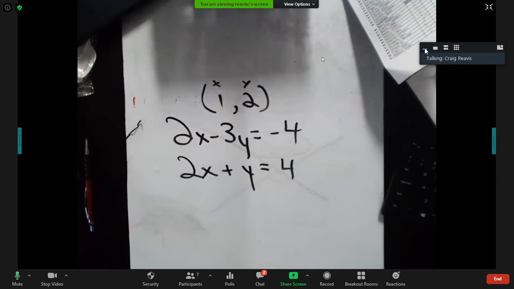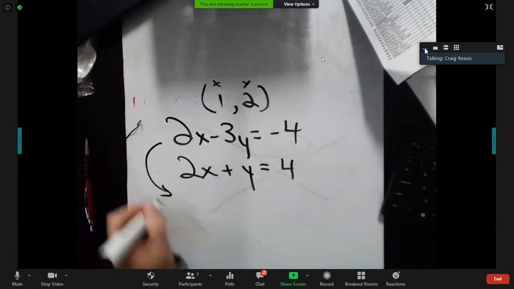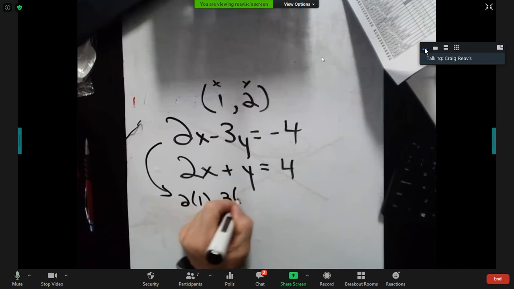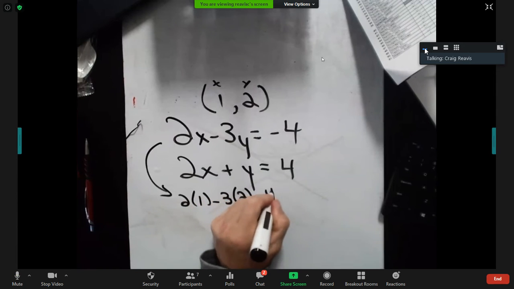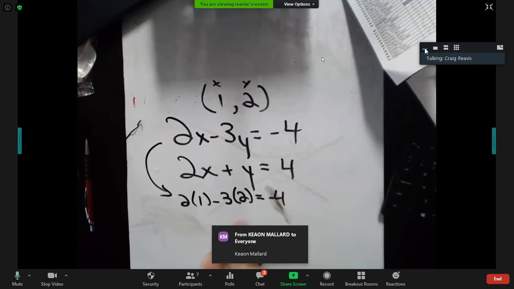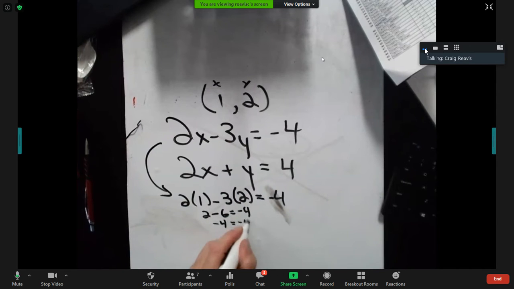So all I have to do here is I take the first equation and I plug 1 in for X and I plug 2 in for Y. And I need to know if that equals -4. So this part now you can just punch in your calculator. It's actually 2 minus 6 equals -4. That is -4 equals -4. That checks out. So we're halfway there.